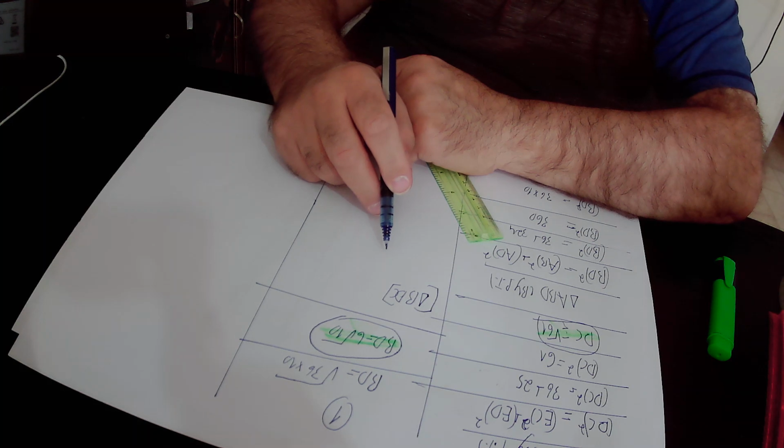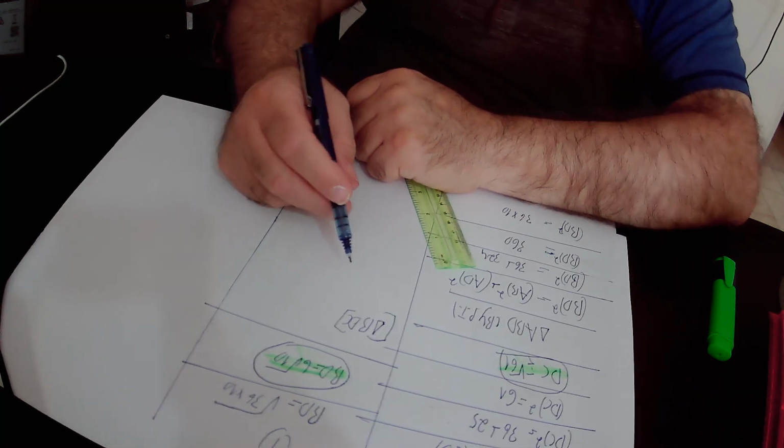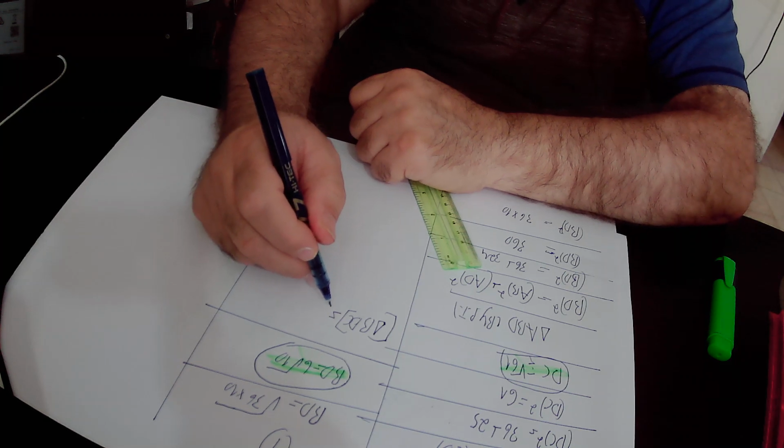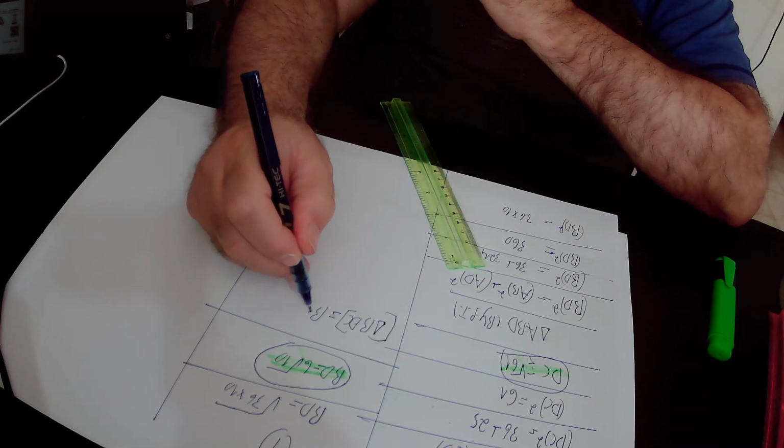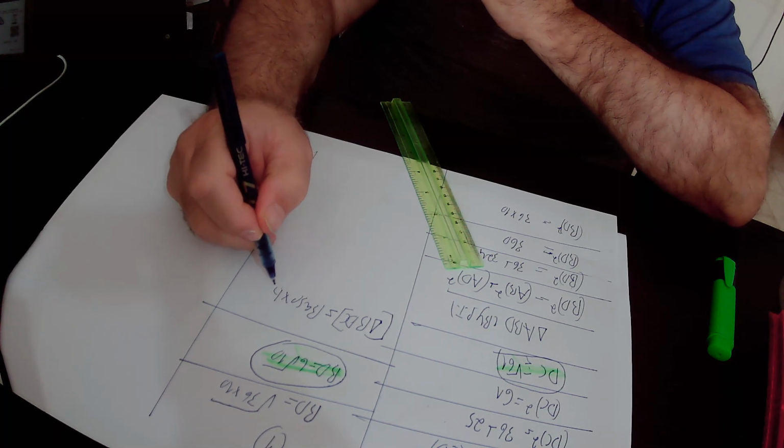Here the squared brackets are the sign for the area, it means the area of triangle BDC. The area of any triangle equals the base of the triangle times the height to the base over 2.